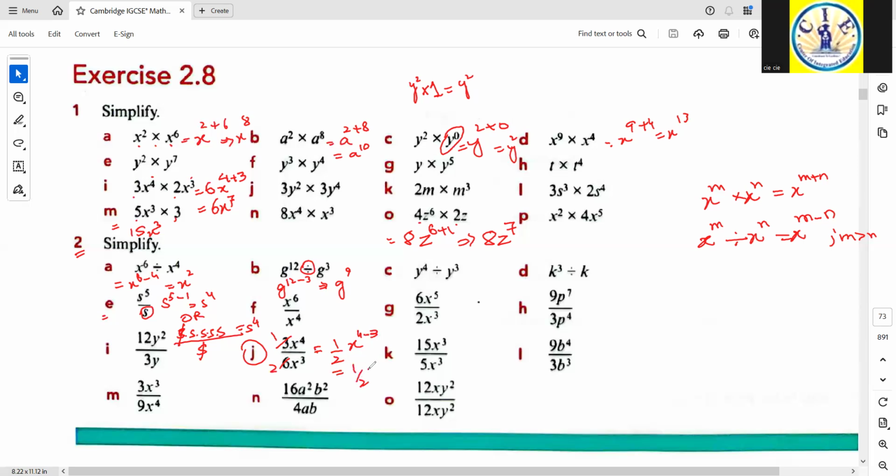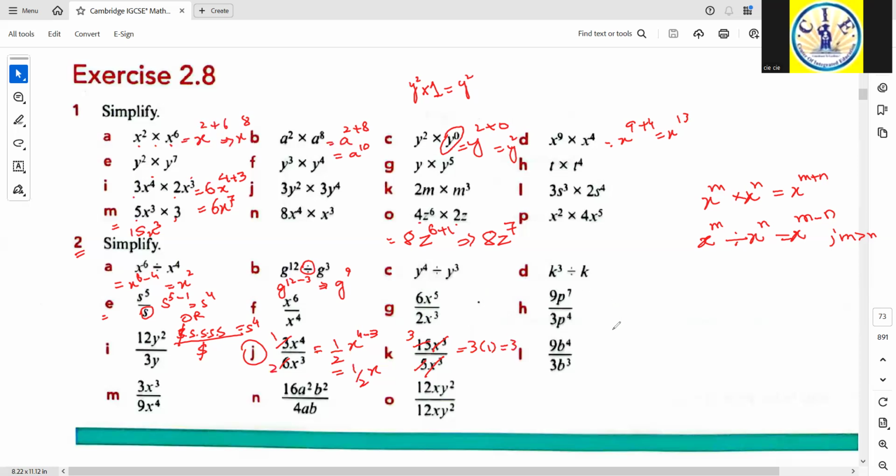That is 1 by 2 x raised to power just 1, or just x. Similarly, for part K, we can simply say that we can cancel them. The coefficients, 5 threes are 15, and x cube gets cancelled out with this. So 3 times 1, that is 3.